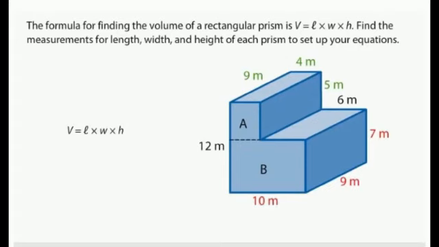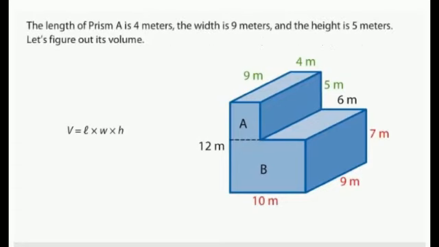Find the measurements for length, width, and height of each prism to set up your equations. The length of prism A is 4 meters, the width is 9 meters, and the height is 5 meters. Let's figure out its volume.